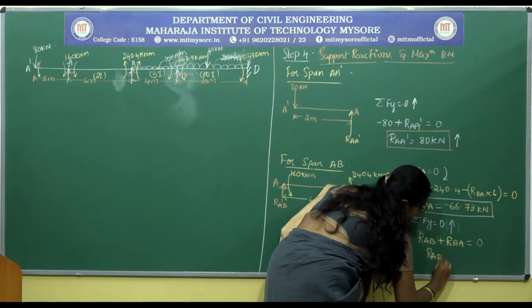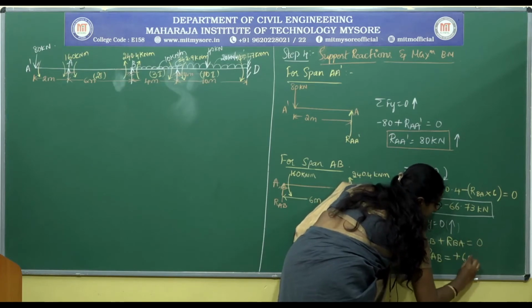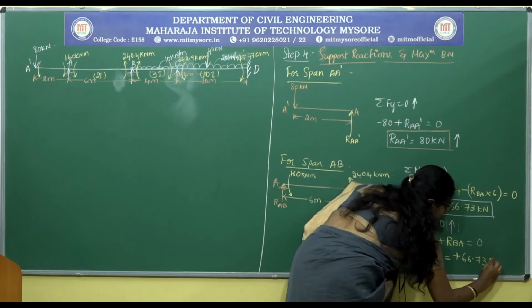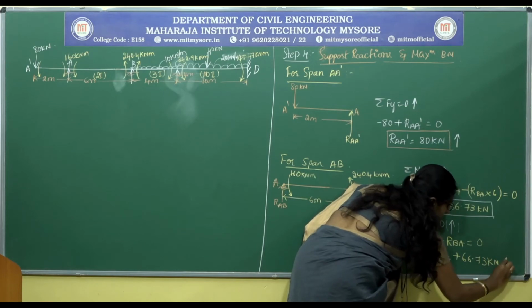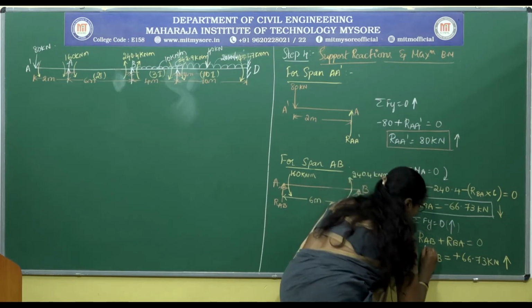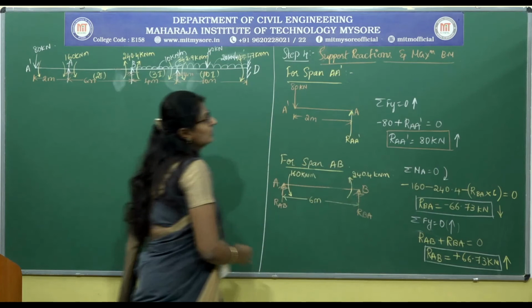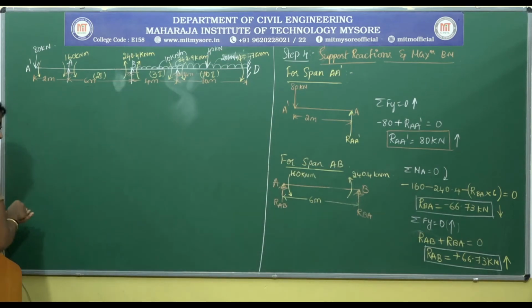Therefore RAB is equal to minus of RBA, therefore it is plus 66.73 kilonewton. Since it is negative, we consider the sign.